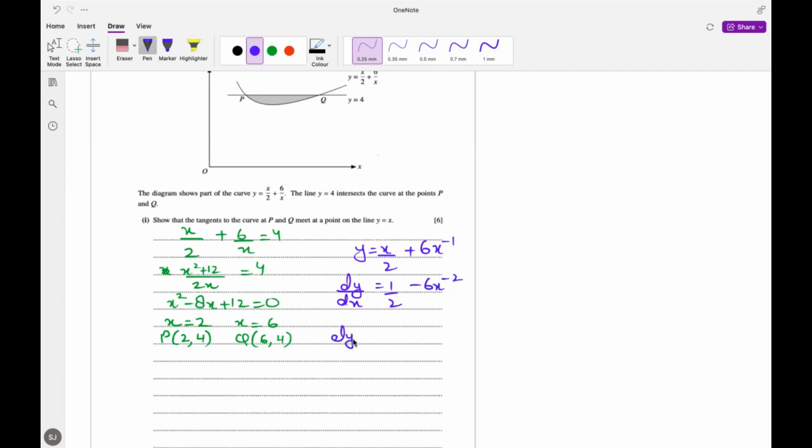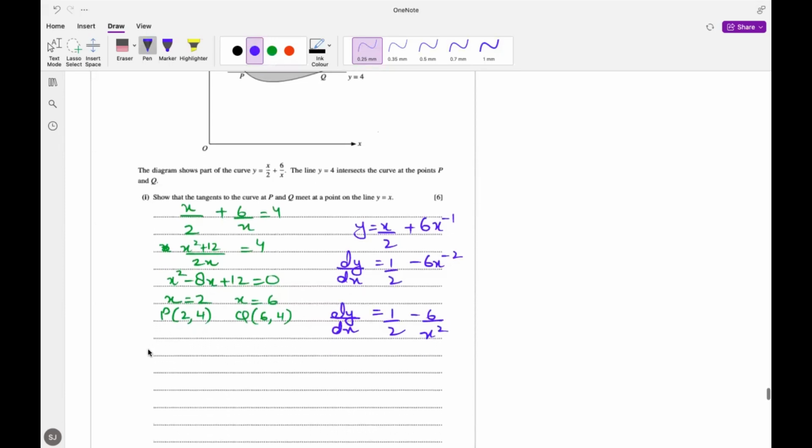So the dy/dx will become 1 upon 2 minus 6 upon x squared. Now first substituting x equals 2 to find the gradient at the point P: 1 upon 2 minus 6 upon 2 squared, the gradient at point P will be equal to minus 1. And substituting x equals 6, the gradient at point Q will be equal to 1 upon 3.